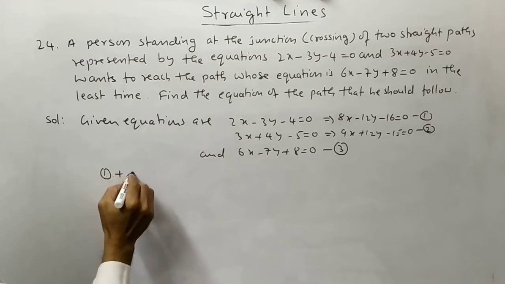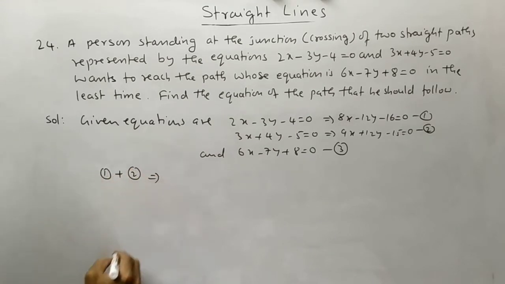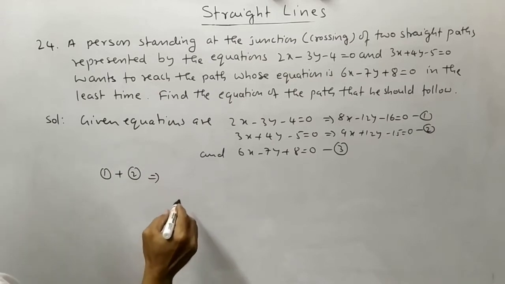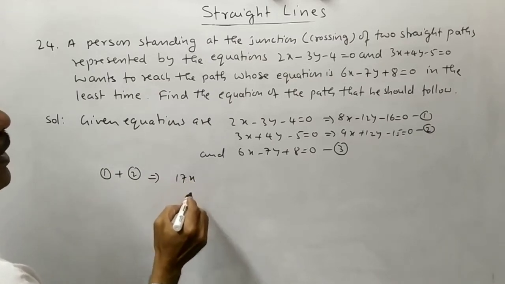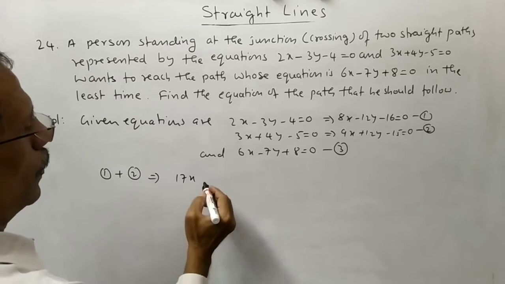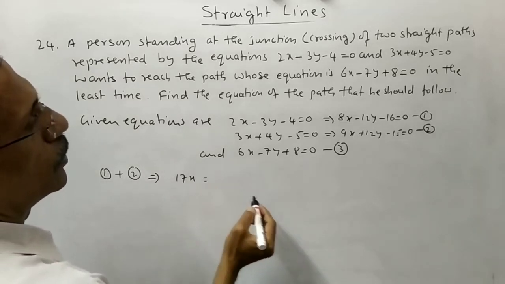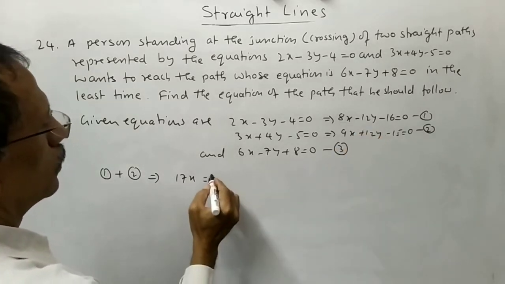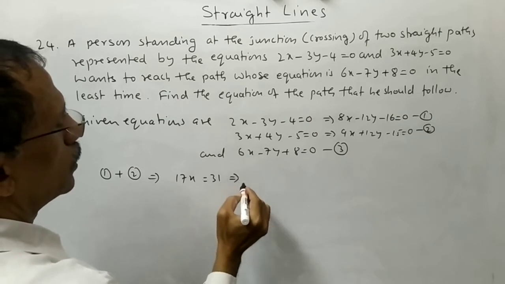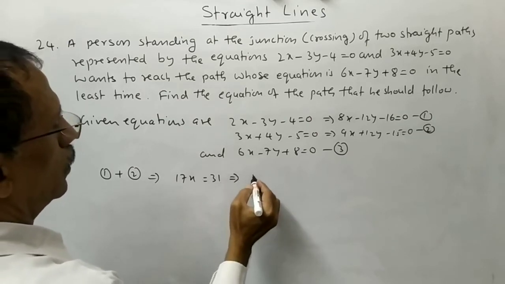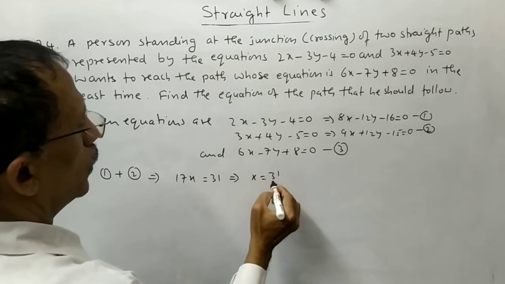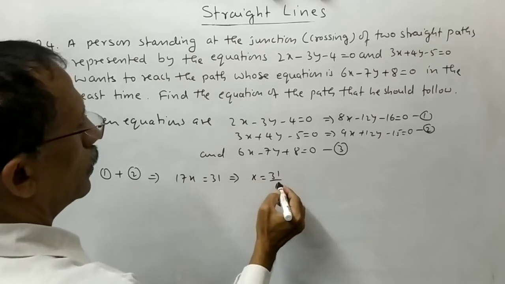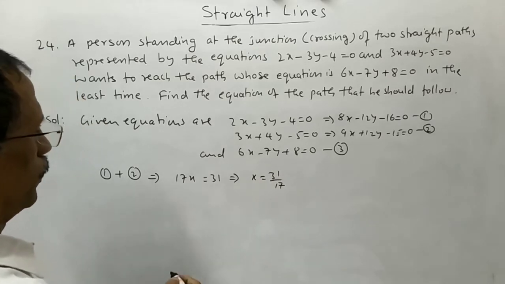Equation 1 plus equation 2 implies 17x is equal to 31. This implies x is equal to 31 divided by 17.